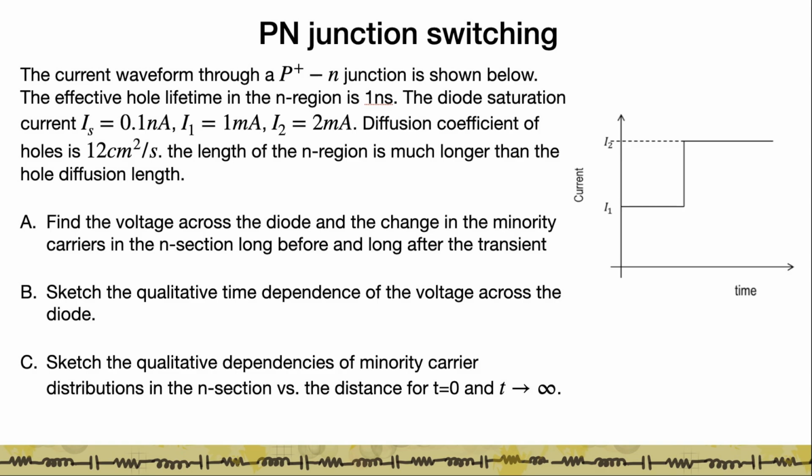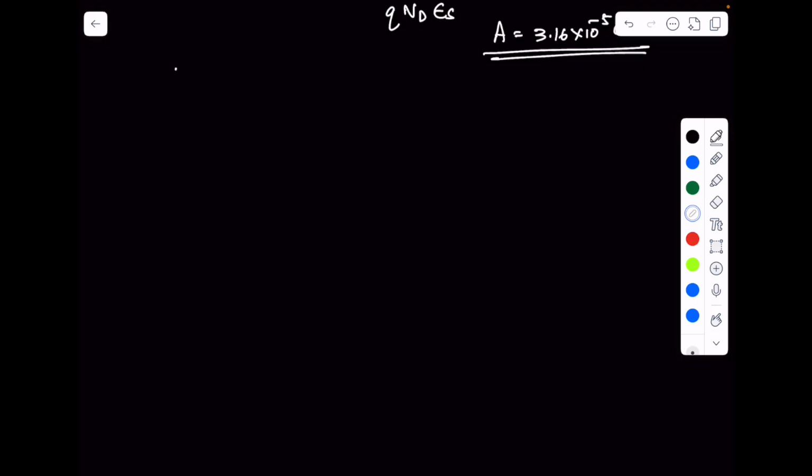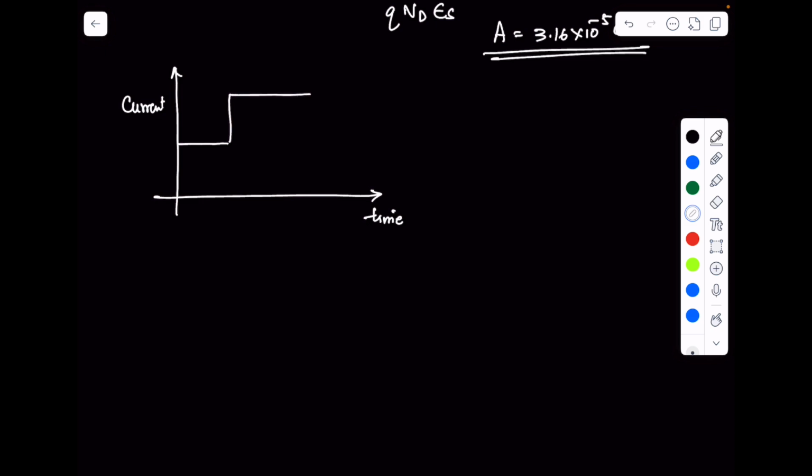So let's look at this problem. Let's first try and understand what's going to happen in this case. As a function of time, I have a current waveform and I'm switching the current from a certain point to another point, right? So in this case, we're switching from 1 milliamp to 2 milliamp. So we want to know what happens to the voltage across the diode when this happens, right?